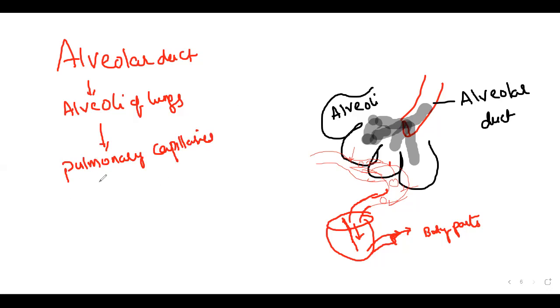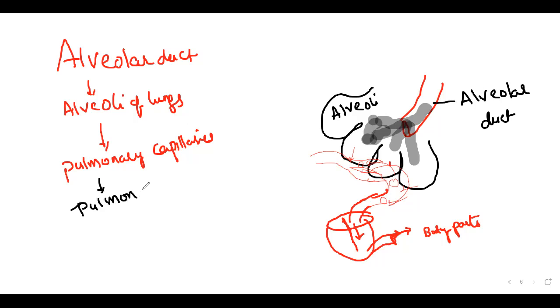Okay, these pulmonary capillaries open into the pulmonary vein. Where do they open?